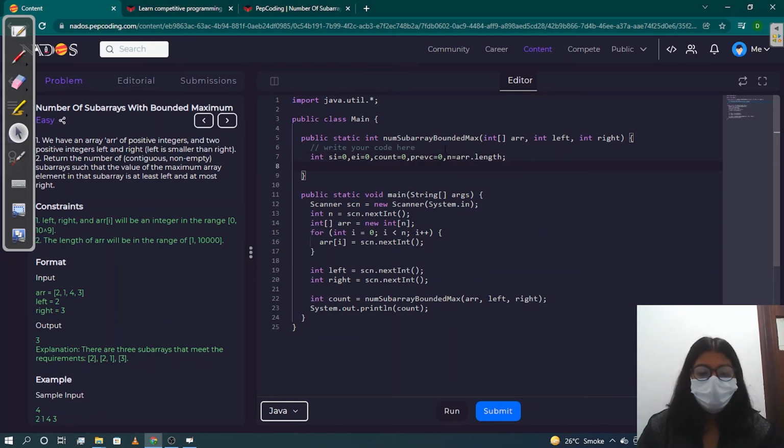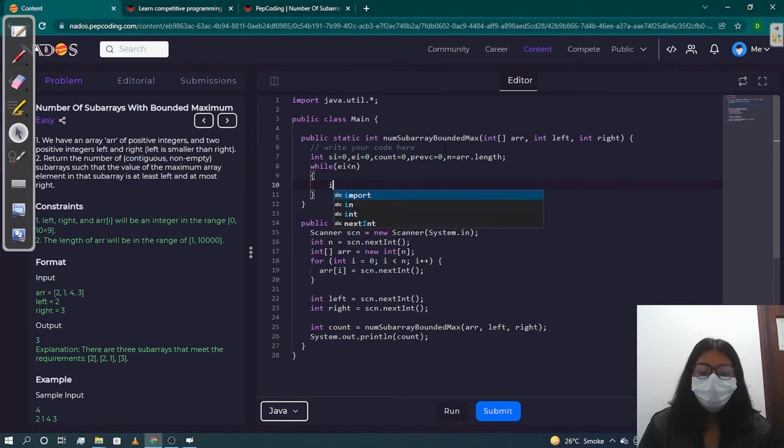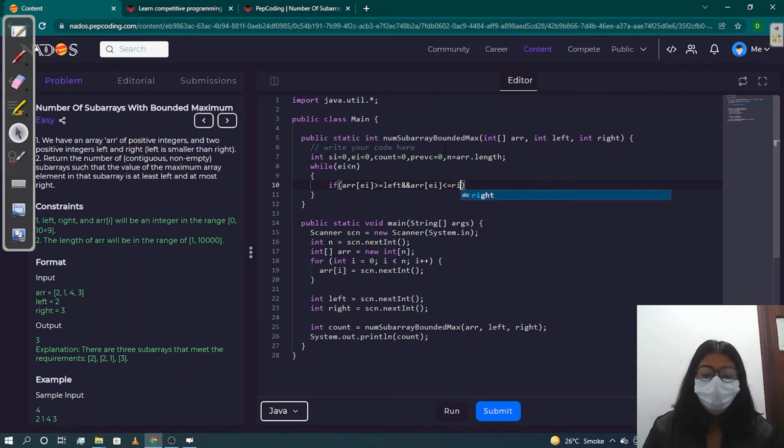Okay, now I will run a while loop until I reach the end of my array. So it means while ei is lesser than n, do what? Check here. I will have a first condition, that is my ARR of ei is greater than or equal to my left, and my ARR of ei is lesser than or equal to my right.